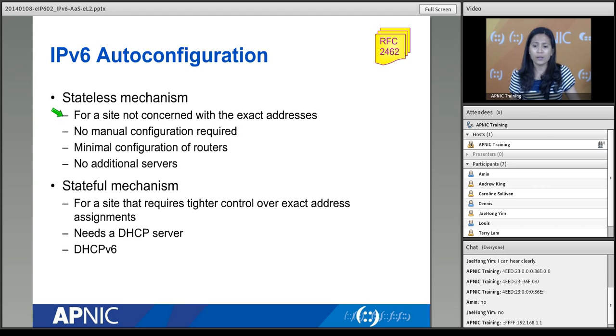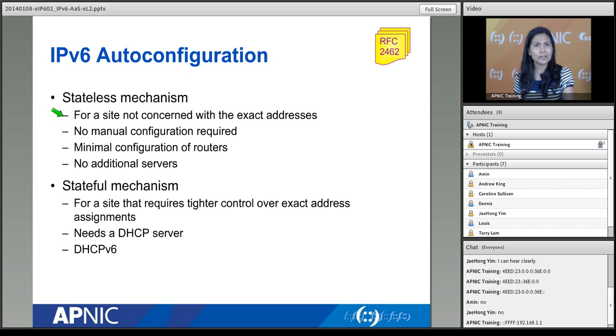One is when you want to assign a link local address to your machine, you need to check whether there is a duplicate anywhere in your local network. Another is when you get a unique local address, or even a global address, it will look for a DHCP server or a router running an advertisement to get those network prefixes. I hope you understand where I'm going.